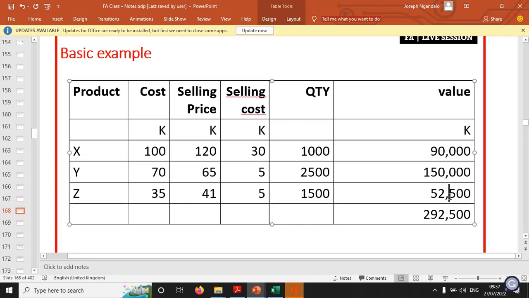What about this one? You want us to go through it again? Yes. 41 minus 5? 36, do you agree it's 36? Then 36 compared to 35. Which one is the lower of the two? 35. So you go with the lower of the two.